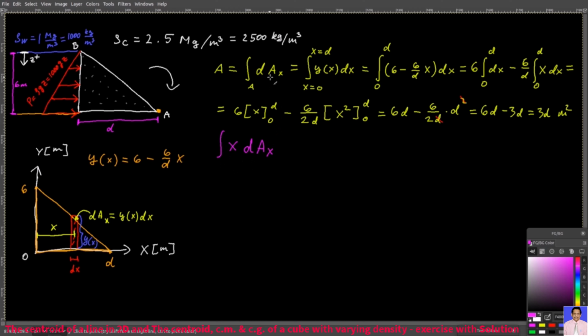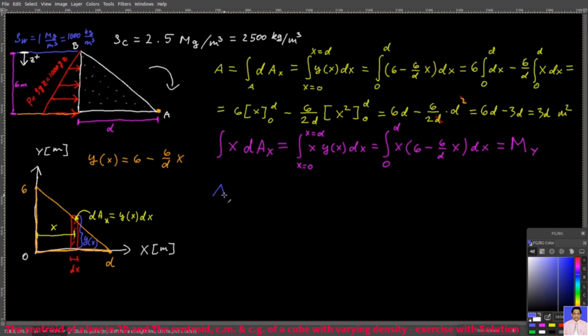But you know what your dAx is, so you will have an integral from x equals 0 meters till x equals d meters, and then x times y as a function of x times dx. In other words, you will have x times then this function and dx. Let's call it my, since this x is the distance between the differential area and the y-axis.